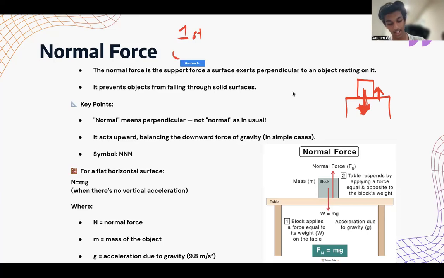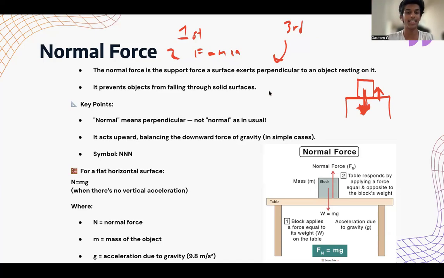The second law is force equals mass times acceleration. The third law is what is being applied in this case. The third law is that there's an equal and opposite reaction to every force on every object, correct?